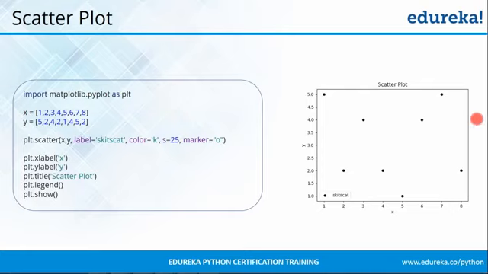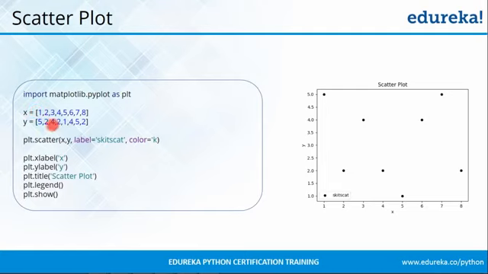Now let me explain the code. First of all, we have imported the pyplot function from the Matplotlib module. Then we have two variables x and y, which contain a certain set of values. Now, instead of calling plt.plot or plt.bar or plt.hist, I'm using scatter because I'm doing a scatter plot. Inside the parenthesis, I have the x and y variables.